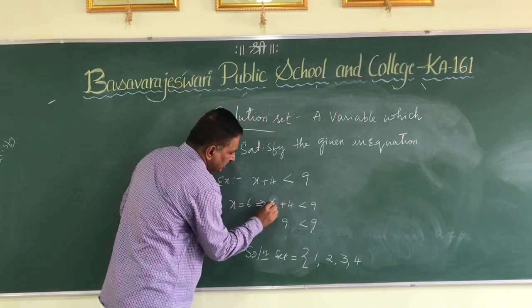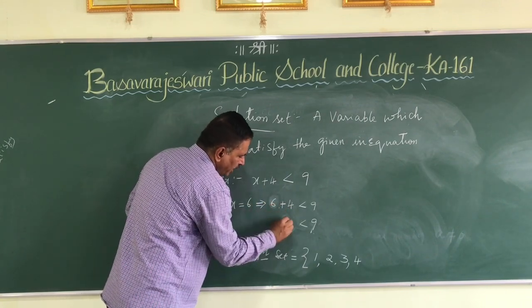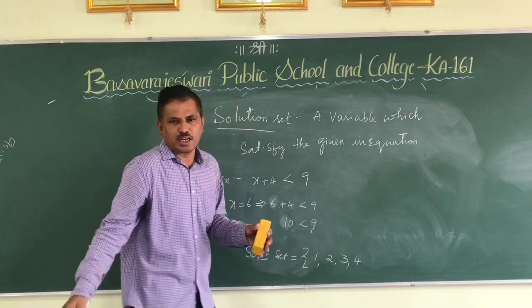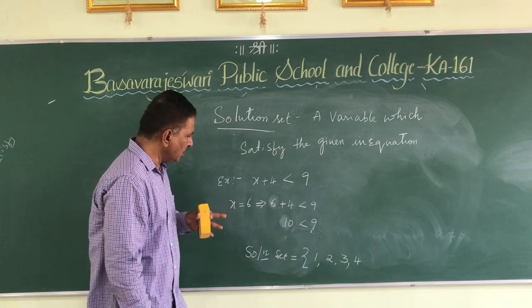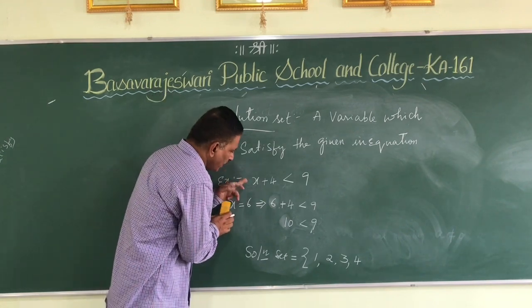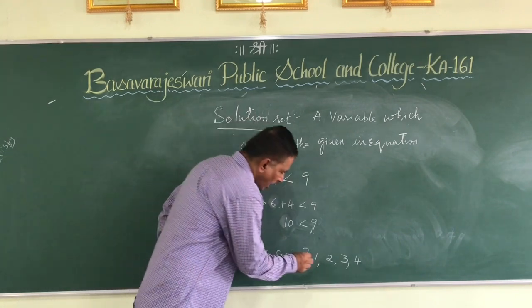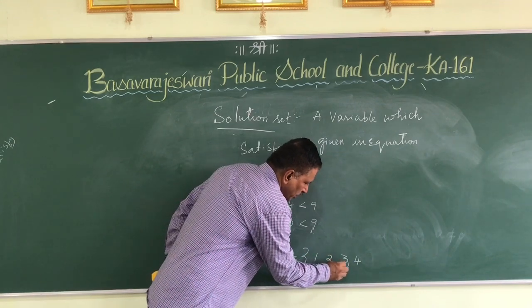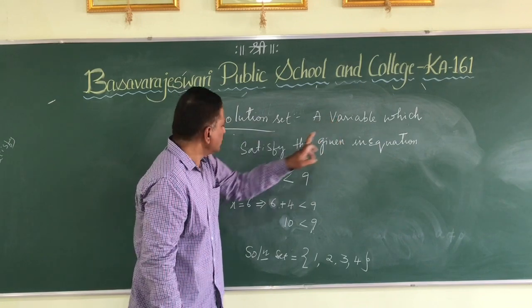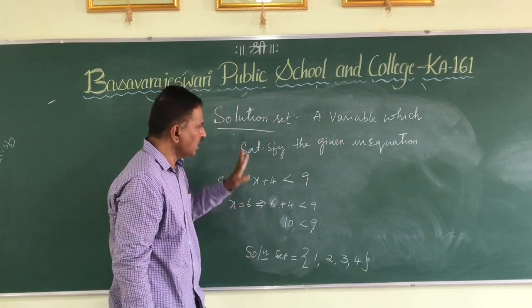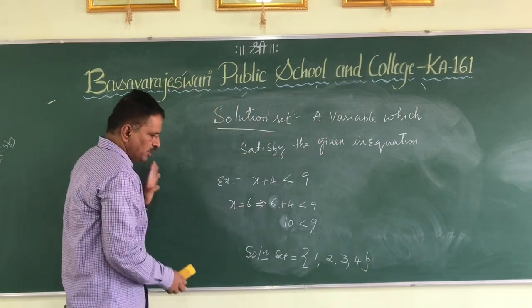I will get 10. 10 cannot be lesser than 9. Hence this also will not satisfy the given inequation. Therefore, for this given inequation, the solution set is 1, 2, 3 and 4. So the definition is: a variable value which satisfies the given inequation is called a solution set.